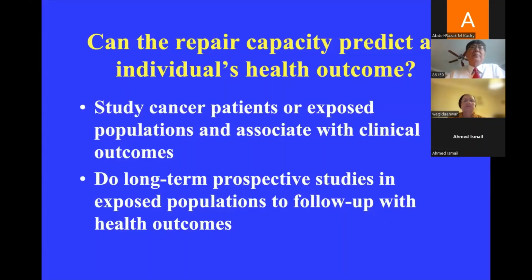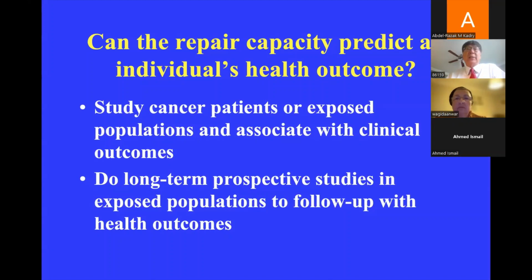Next slide. So the pesticide result is a prediction. We did not do the follow-up to see what happened, but we did other studies with follow-up to identify the outcome. So the question is, can repair capacity predict an individual's health outcome?